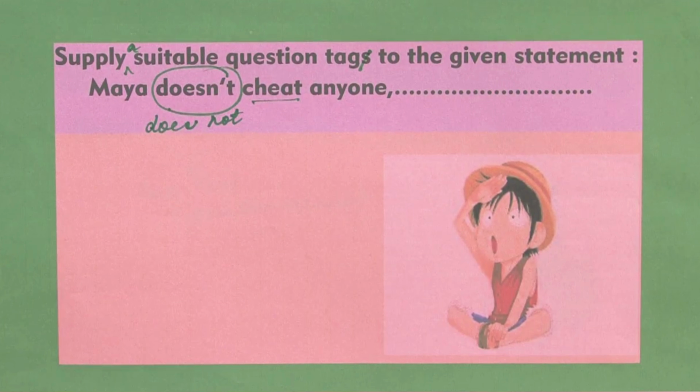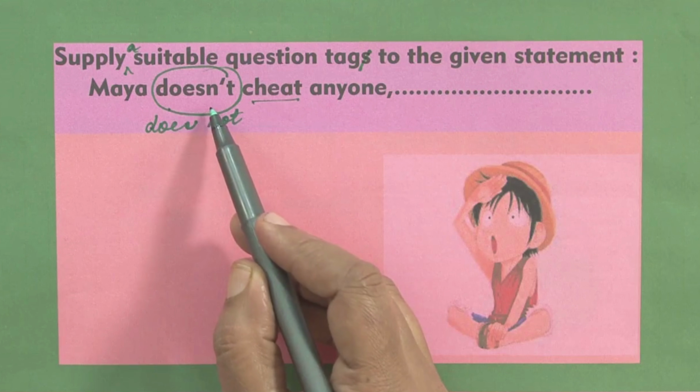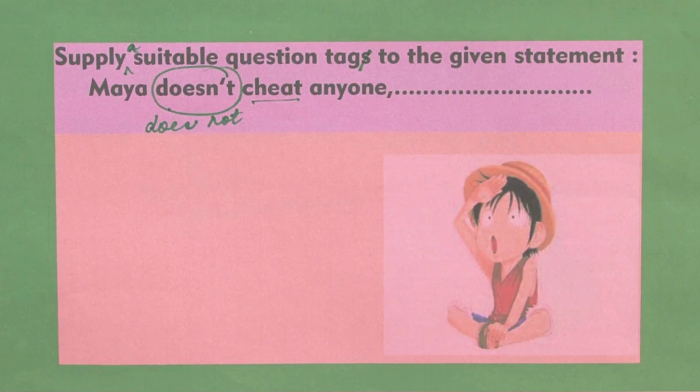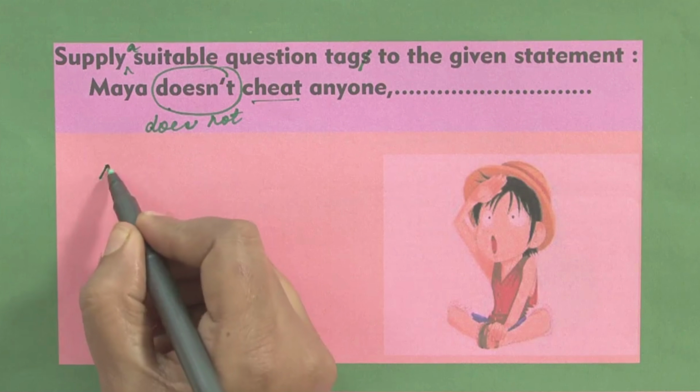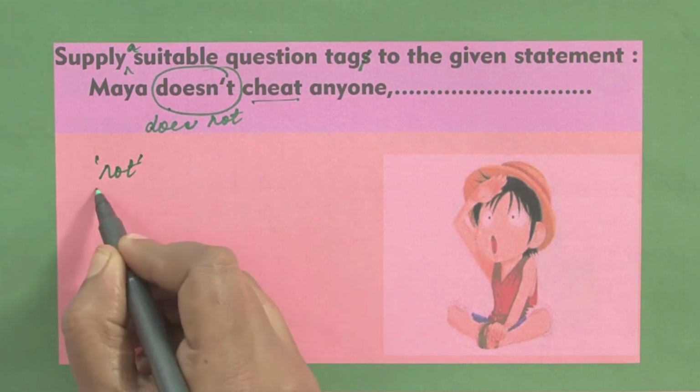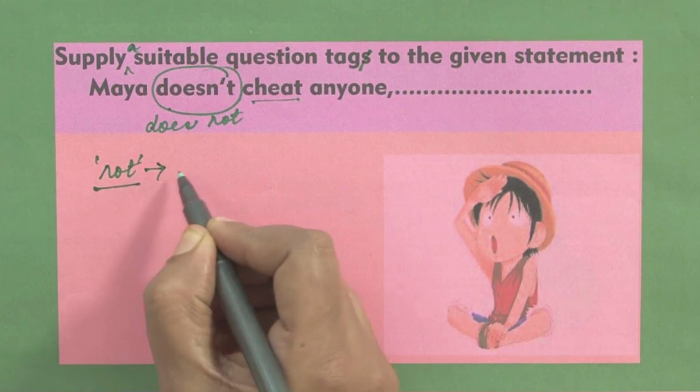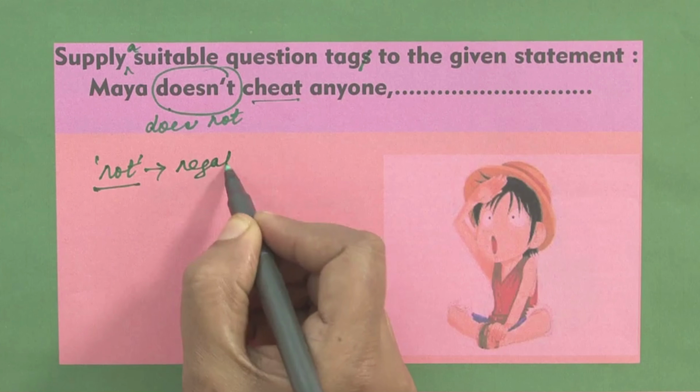And I told you, whenever you're using the short forms, you need to make use of the contracted form, or you need to make use of the auxiliary verb in its negative form, and that should always be in its short form. So, Maya doesn't cheat anyone. There is the word not. Correct? So, when you have the word not, what does it indicate? It gives a negative meaning.